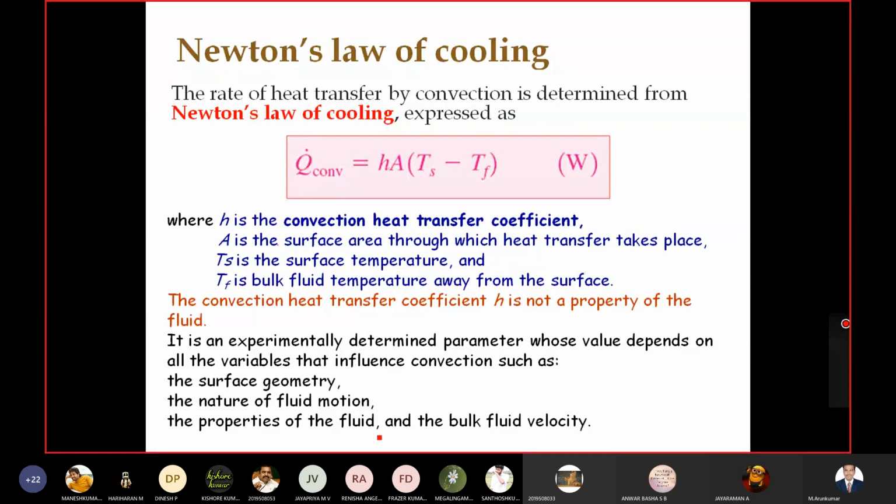So all these parameters influence the h value. We have to calculate the h value first, then calculate the convection heat transfer using Newton's law of cooling.